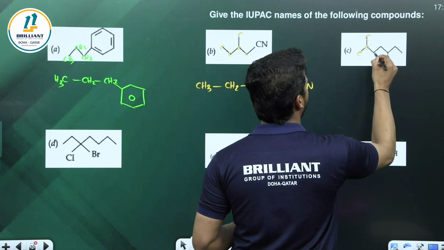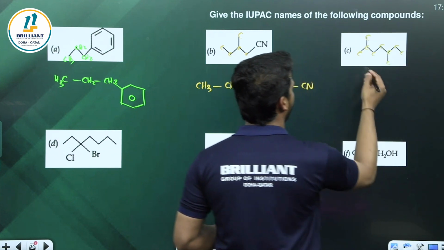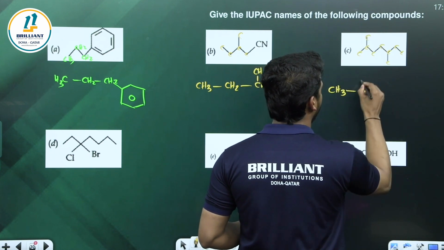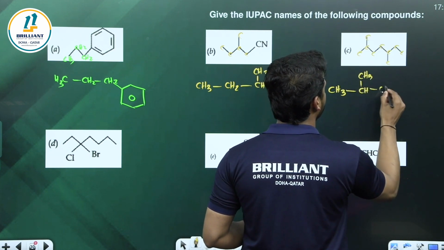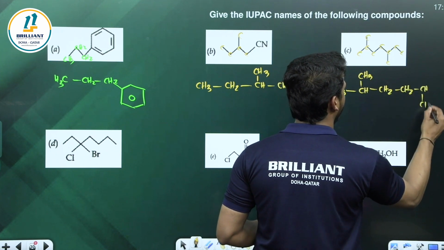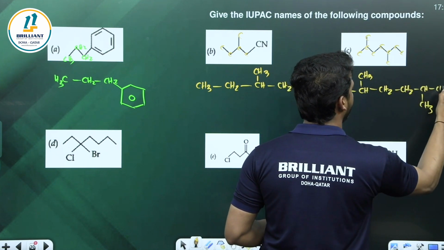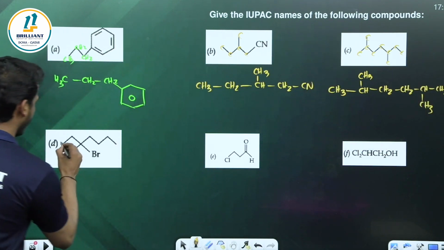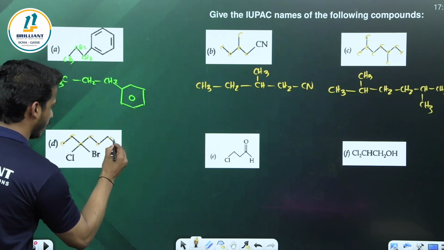Here see, these all are carbon. We can write, starting from the left side, CH3, CH, on which CH3, then CH2, then CH2, another CH, in which down one CH3, then another CH2, CH3. Here these all are carbon, right?